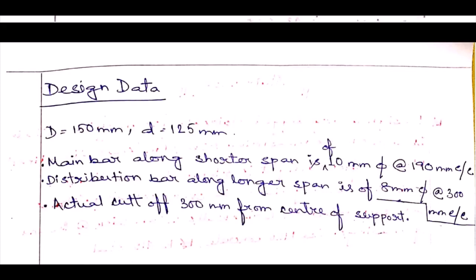Capital D, that is the overall depth, is 150 mm, and small d, the effective depth, is 125 mm. Main bar along the shorter span is 10 mm at the rate of 190 mm center to center. Distribution steel bar along the longer span is 8 mm dia at the rate of 300 mm center to center, and actual cutoff is 300 mm from the center of support.